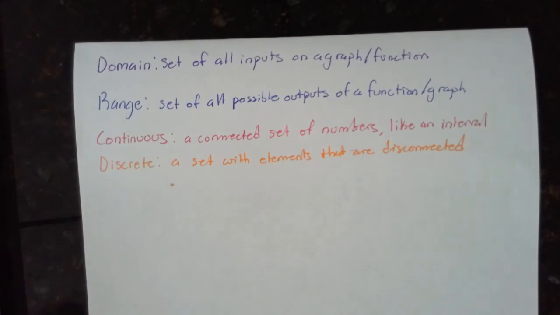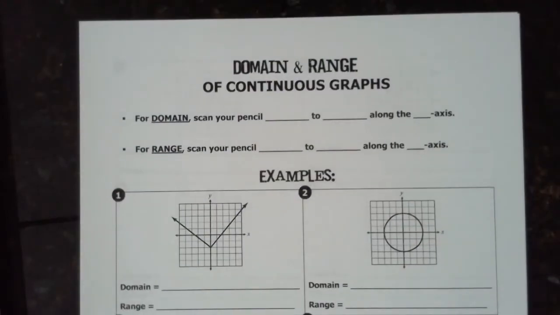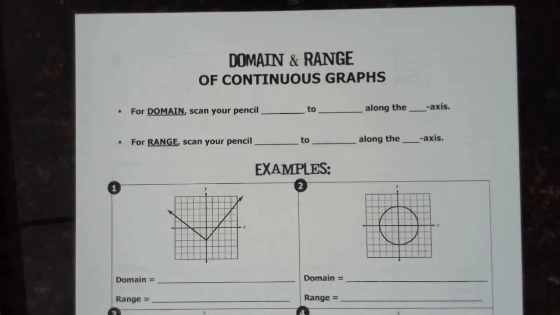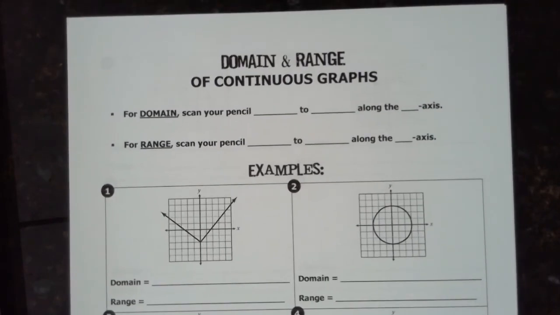Ready? Okay. Alright, so here are our notes for today. Domain and range of continuous graphs. So all the graphs that we're going to see on this page are going to be continuous. So for domain, the way that we want to be able to tell what our domain is, we're going to scan our pencil left to right along our x-axis.